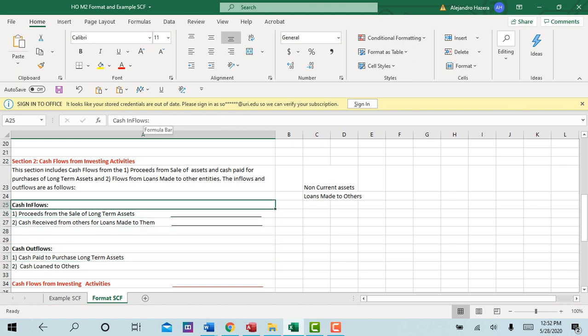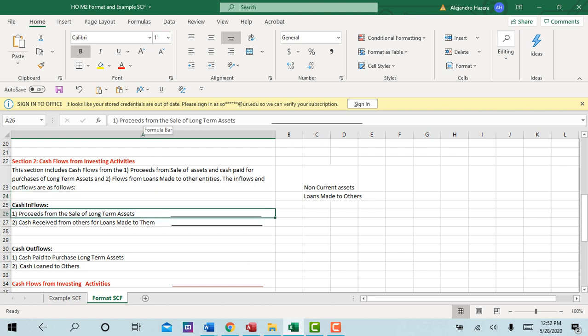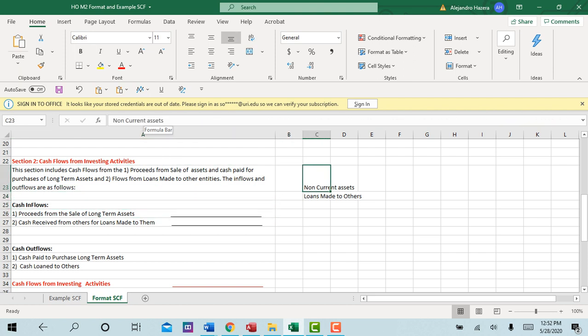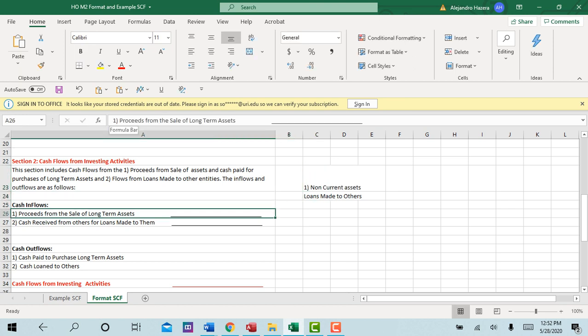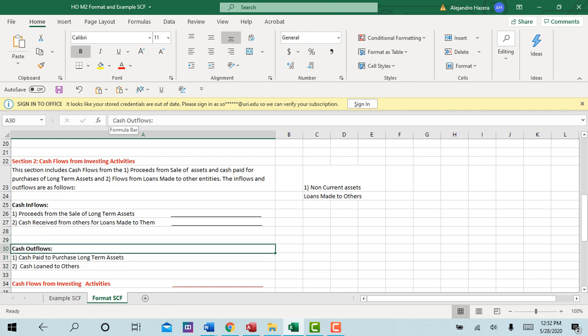So there are two activities here. One is for non-current assets. That's number one. If you relate that to non-current assets, when you sell an asset, cash comes in. When you purchase an asset, cash goes out.